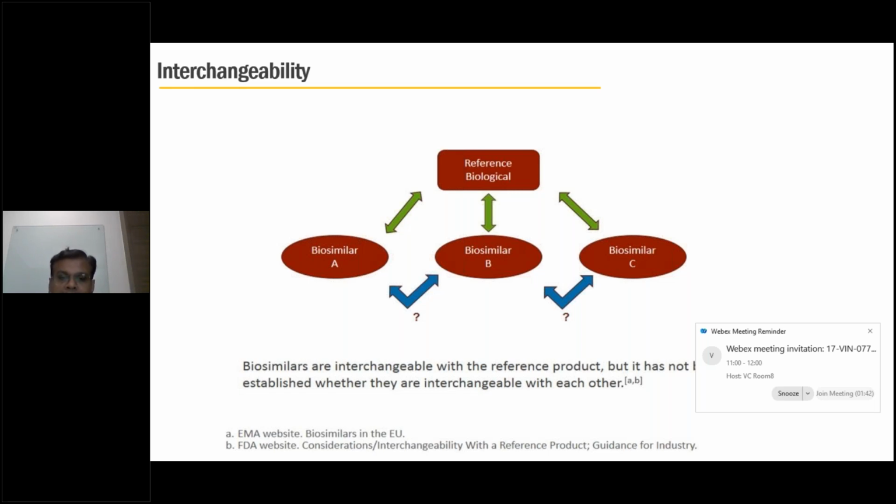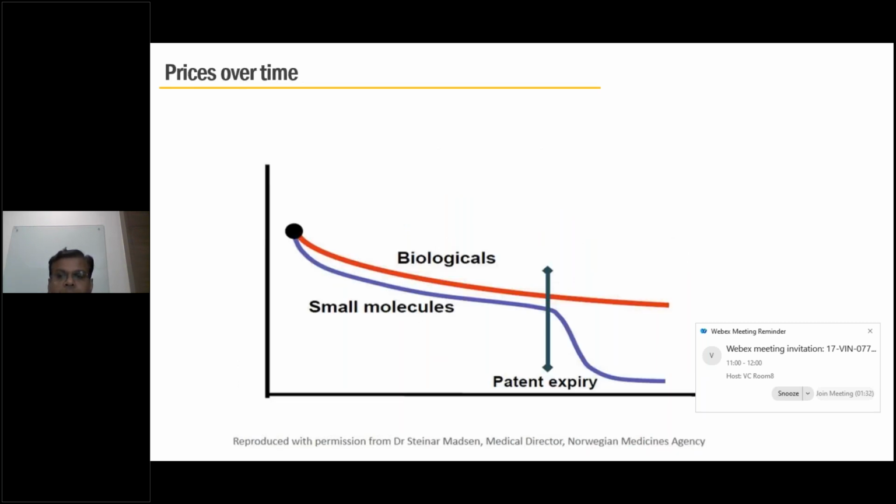So this interchangeability with reference is fine, but the interchangeability between each other, is that acceptable or is that a good idea? This is essential, that you are aware of what happens.